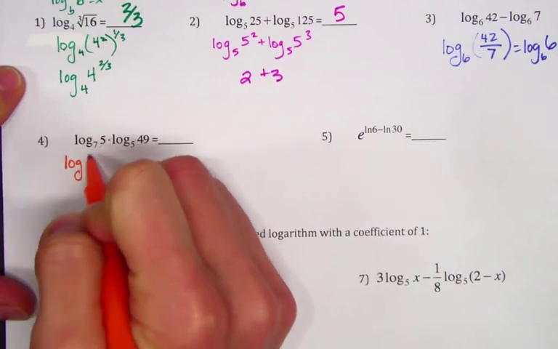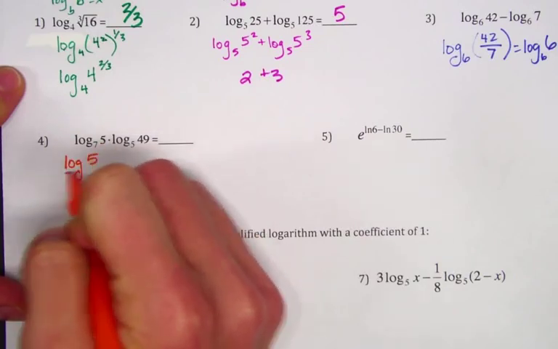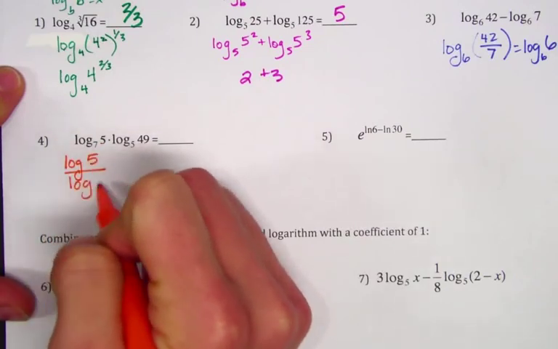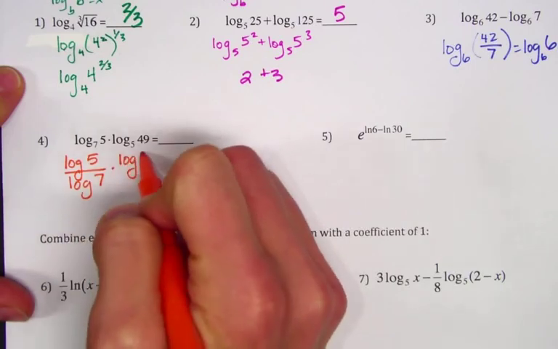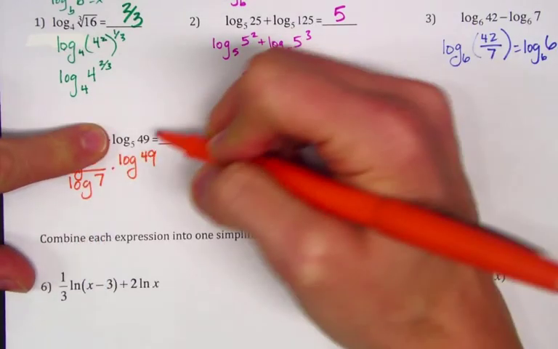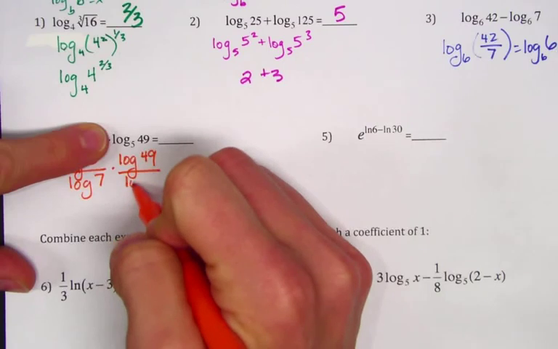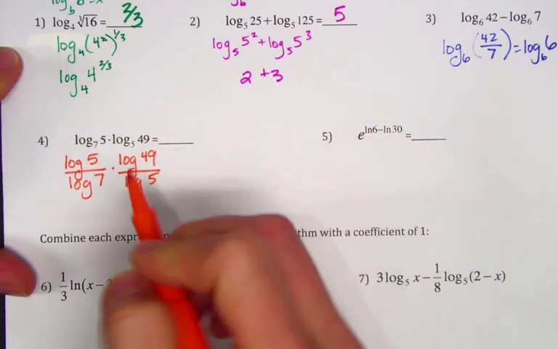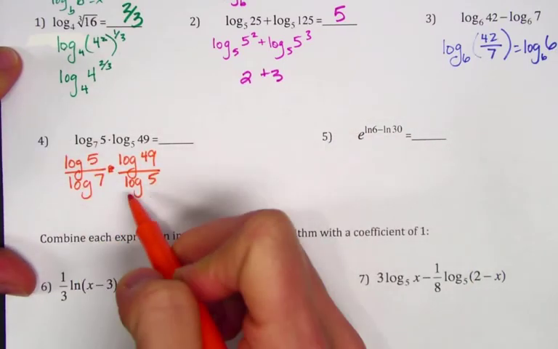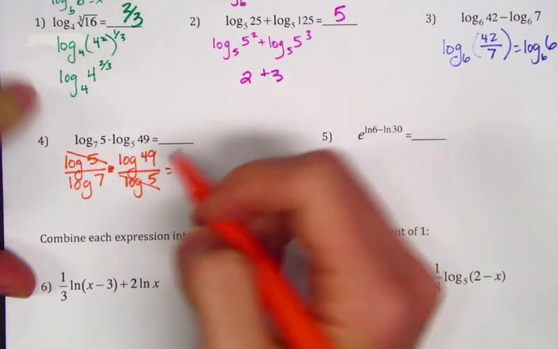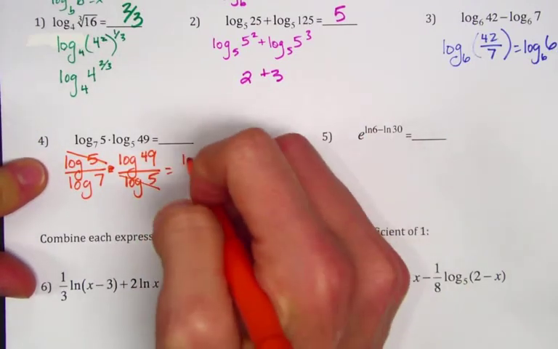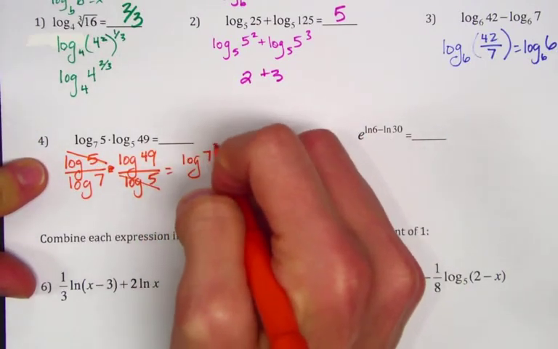So I have the log of the number, which is 5, over the log of the base, which is 7, times the log of the number is 49, so I'm doing change of base here, over the log of 5. So this is nice because we're multiplying. These are products, so I can cancel out the log of 5s. And log of 49 is the same as the log of 7 squared.